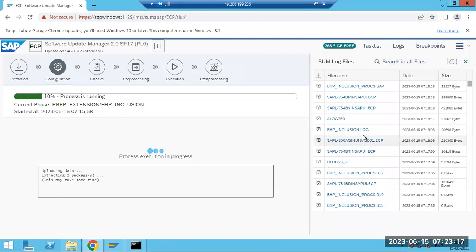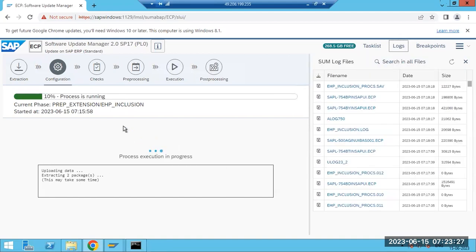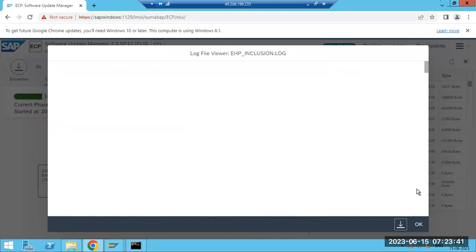Sir, where can we check the time in minutes? Here in the logs, we can check all these things, what's happening with this page. For each phase and each subphase, now EHP inclusion, a log is created, a log for each phase. If you open that log, it will display what's happening here and the current status.